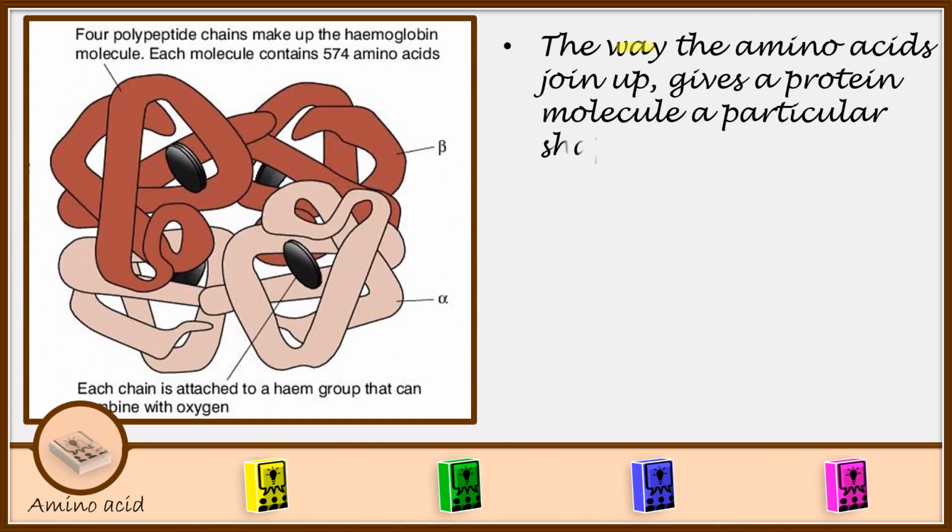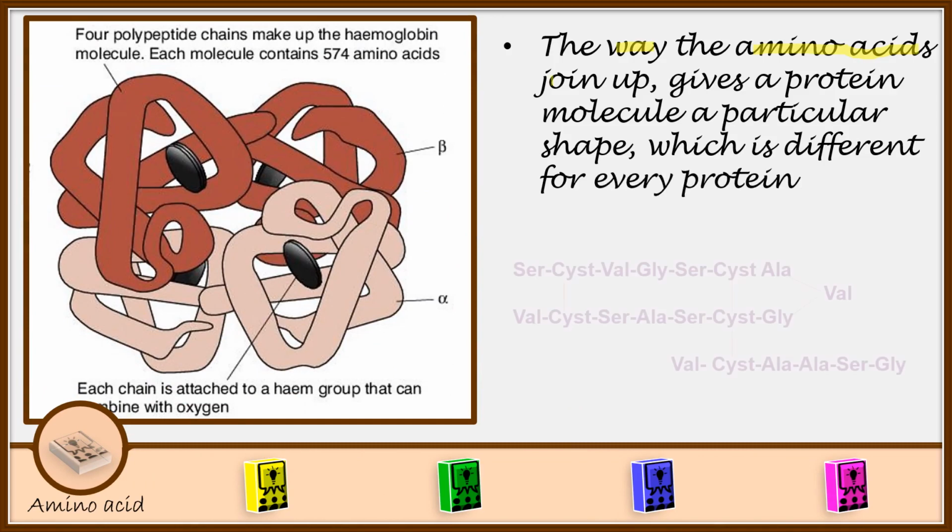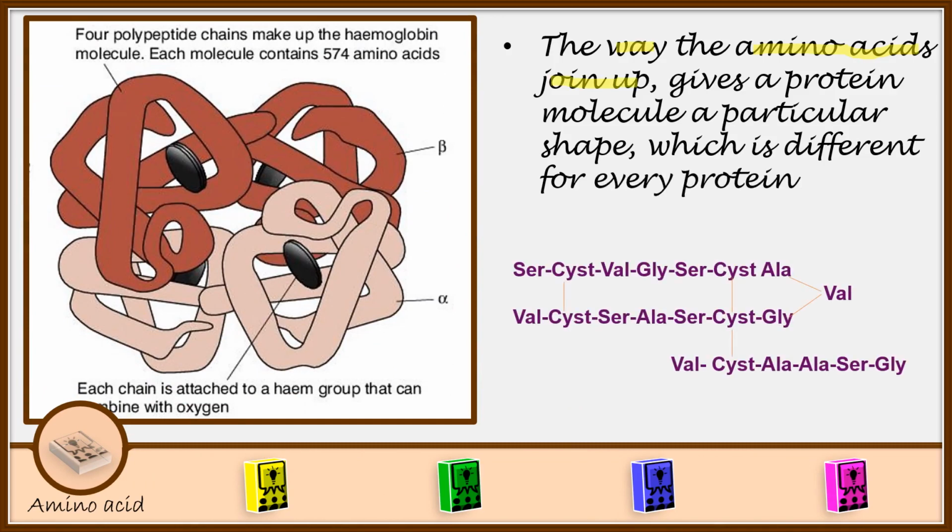The way the amino acids are joined up gives a protein molecule a particular shape, which is different for every protein. So the combination of the amino acids is going to give the shape of the protein.